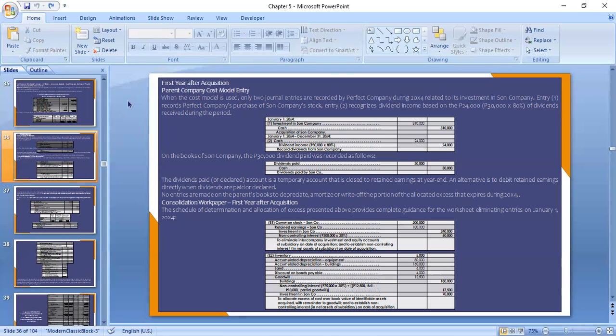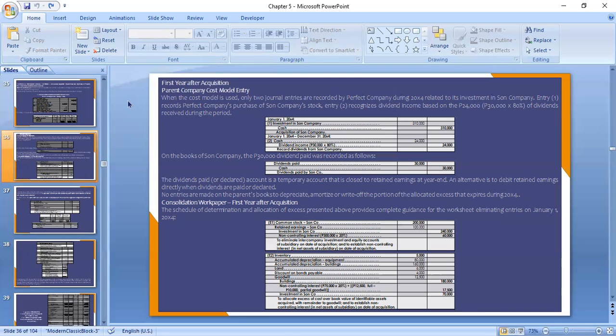And we have now the credit to investment for 240,000 and credit to non-controlling interest of 300,000 times 20%. So to eliminate intercompany investment in equity accounts of subsidiary on date of acquisition and to establish non-controlling interest in net assets of subsidiary on date of acquisition.